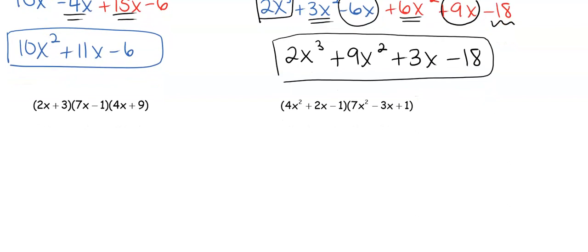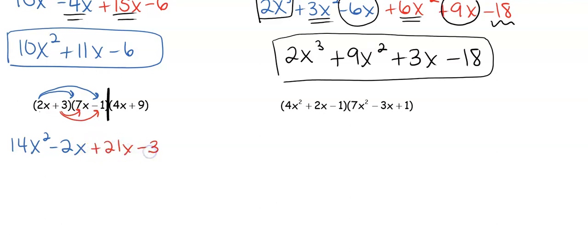When I have 3 binomials, I need to concentrate on 2 at a time. So I'm just going to look at these first 2. Distribute. 2x times 7x is 14x squared minus 2x. And then I distribute the 3, giving me 21x minus 3.